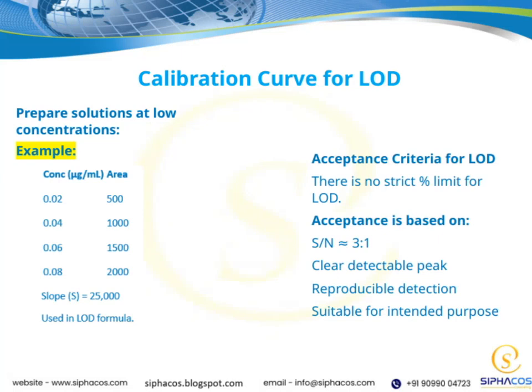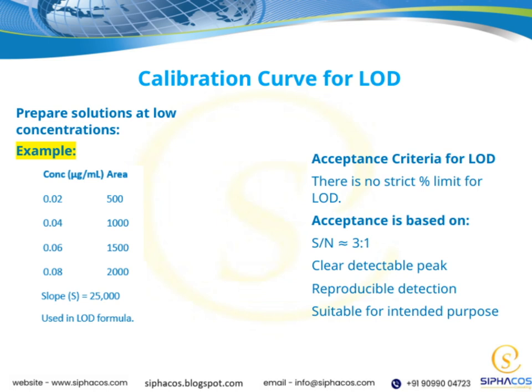Now, let's talk about the acceptance criteria for LOD, or limit of detection. There's no strict percentage limit that we need to stick to here. Instead, acceptance is generally based on a few key factors. First, we're looking for a signal-to-noise ratio of approximately 3:1. That means the detected signal should be about 3 times higher than the background noise, ensuring it's distinguishable.